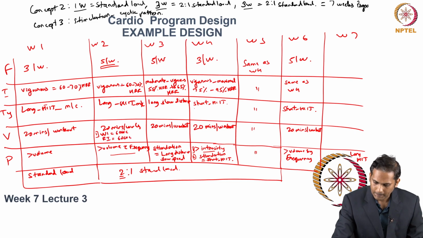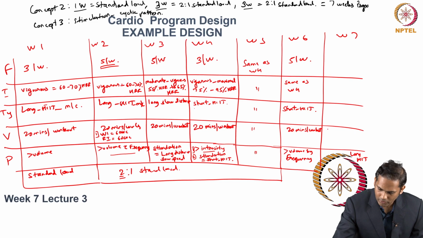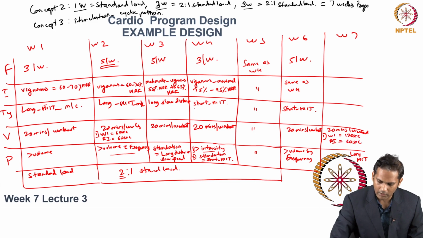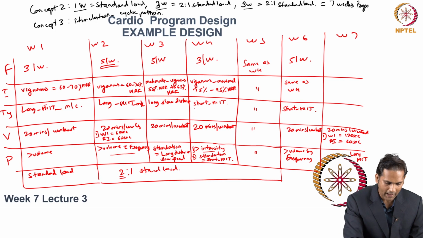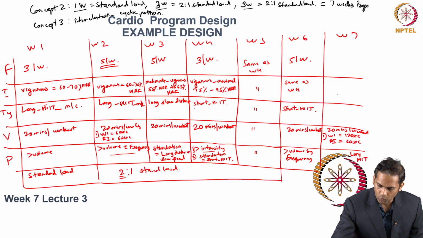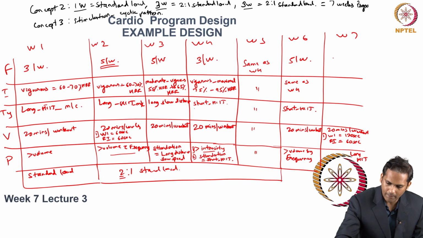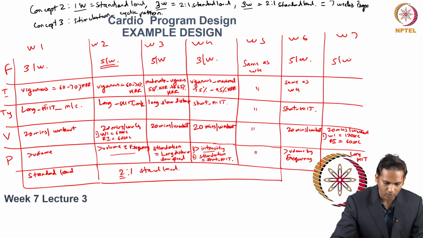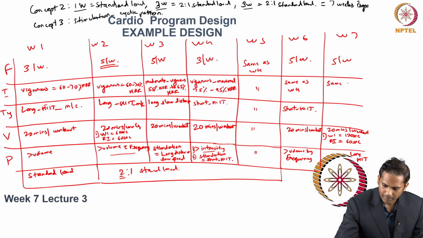Now here I progressed by challenging the long HIIT work interval. Instead of doing 60 seconds, I will now be doing 120 seconds of work interval followed by 60 seconds of rest interval, and the intensity would be the same as week 2. So I am doing it 5 times per week, with intensity the same as week 2.